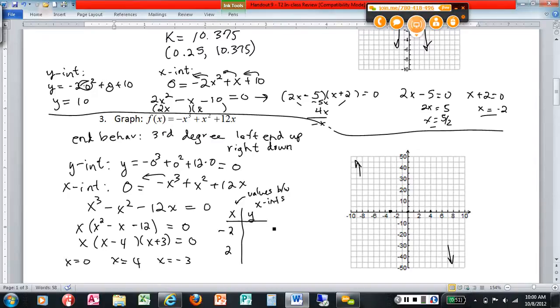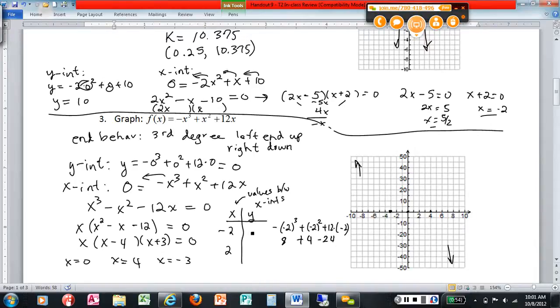So if x is negative 2, we get y is, well, we have negative of negative 2 cubed plus negative 2 squared plus 12 times negative 2. What is that going to give me? Negative 8. So it'll be positive 8 here. Negative 2 squared would be positive 4. And then 12 times negative 2 is negative 24. So that's going to be 12.